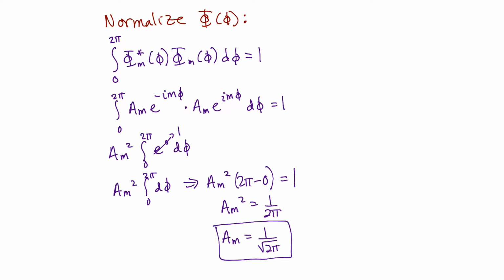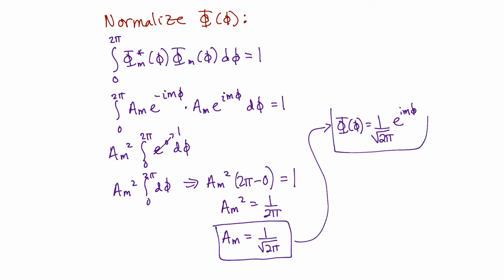There is our normalization constant. So if we put everything together, we have a final function of 1 over root 2 pi e to the i m phi. And we are finally done with our phi part of our wave function.